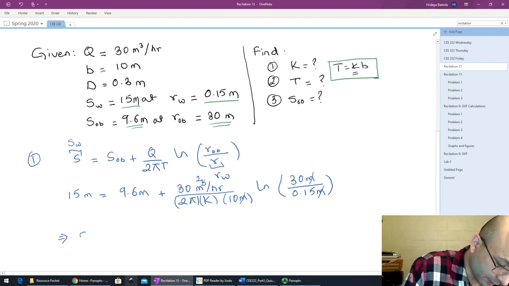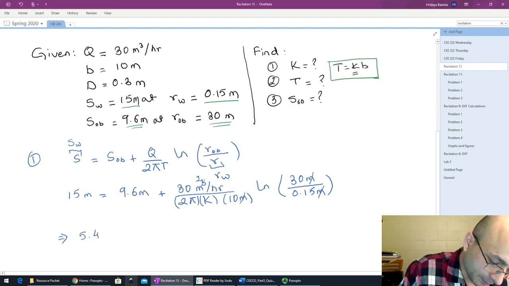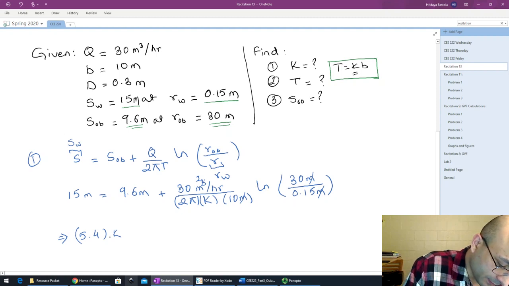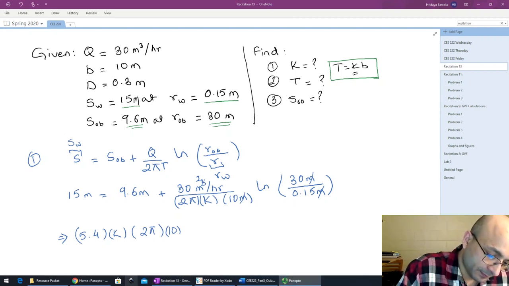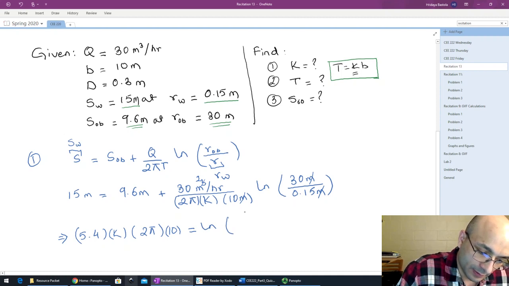So here you get 5.4 times K times 2 pi times 10, and this equals log 30 divided by 0.15.